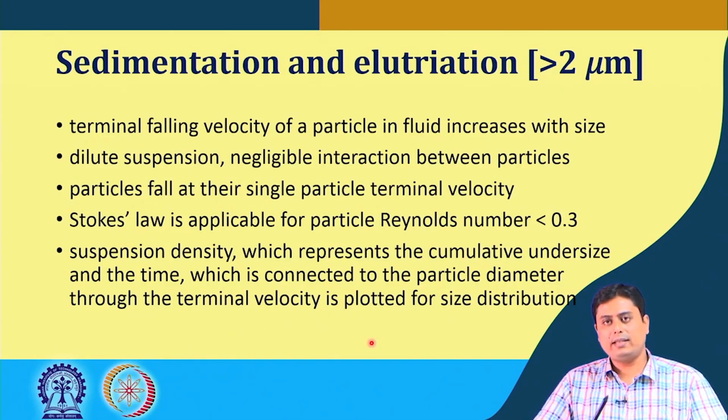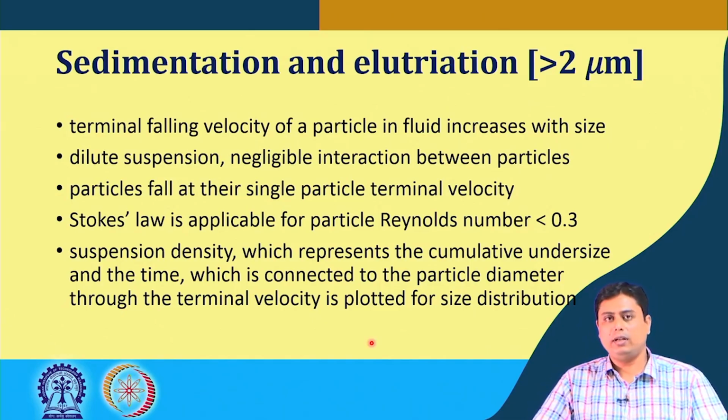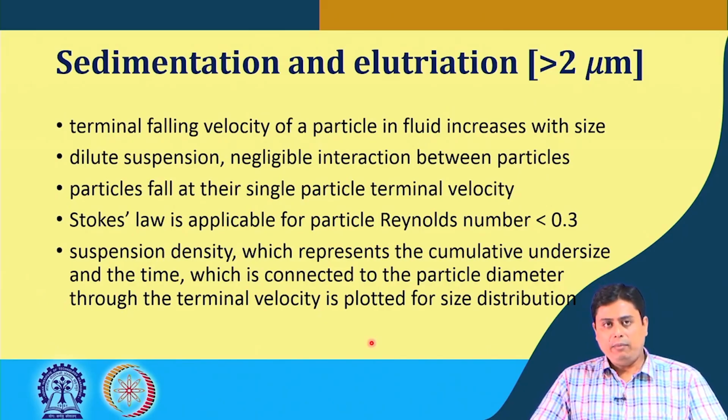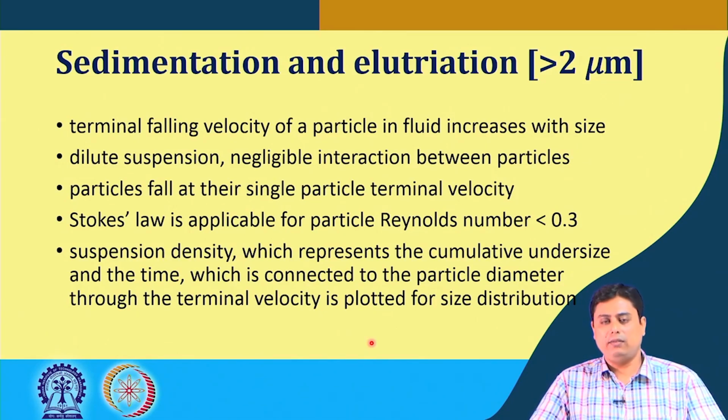Let us say if you take an example, you have a dilute suspension, and the particles are falling. At a certain plane on the vertical axis you measure the concentration of the particles, and this suspension concentration, or the suspension density, is basically the undersized particles which are falling with a terminal velocity, and the time it takes to reach that stage is directly related to the terminal velocity.